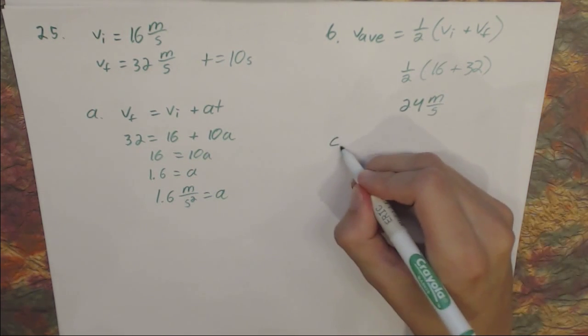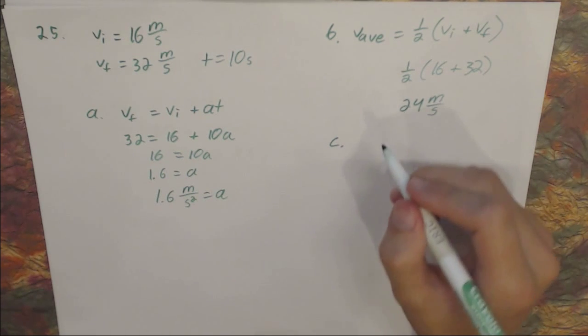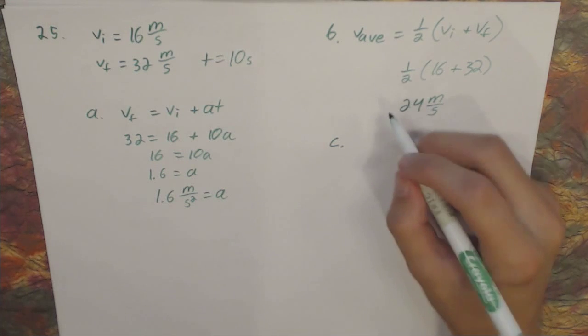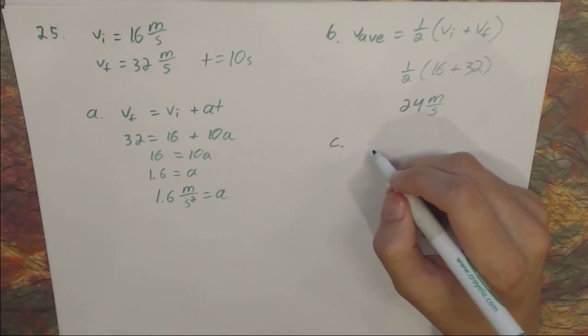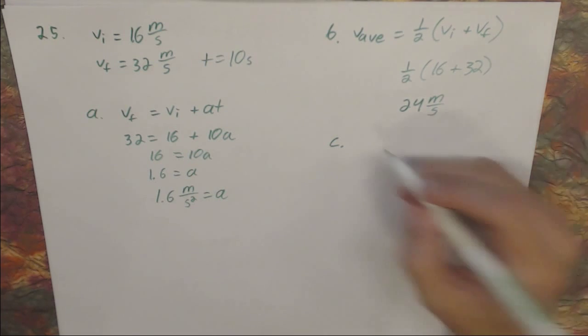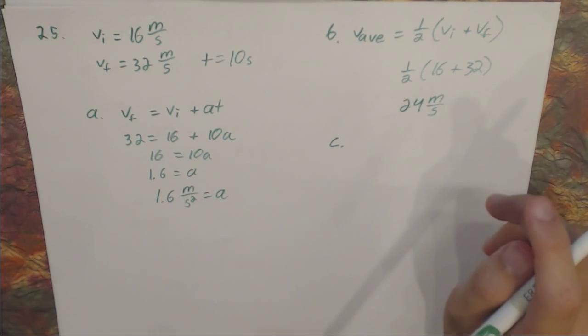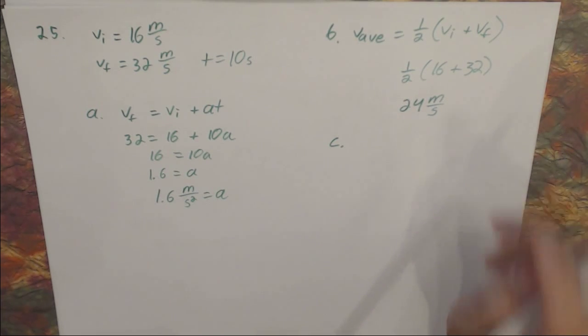And part C asks, how far did it move while accelerating? And this is going to take a new equation. Well, actually, no, never mind. There's two ways you can do this, and I'm going to explain both ways. I lied. There's 3 ways you can do this.